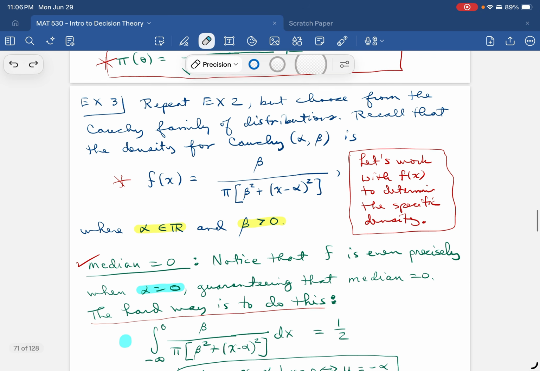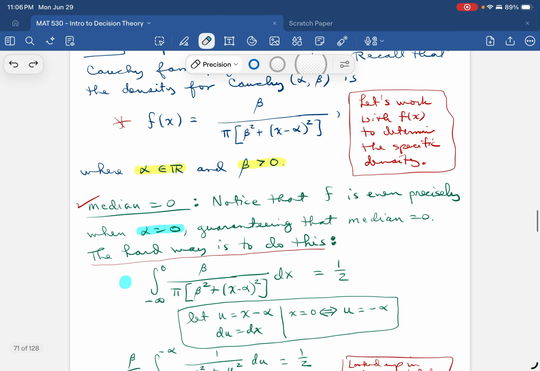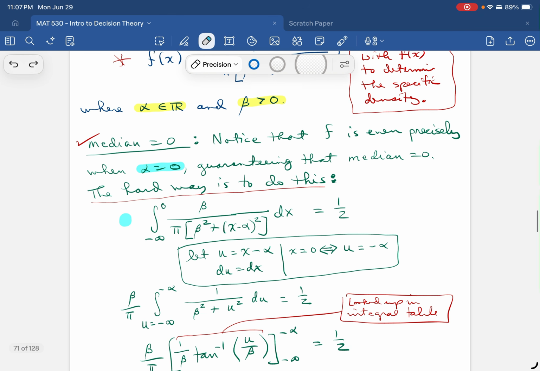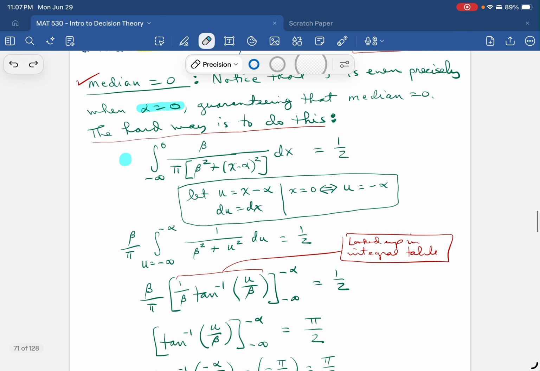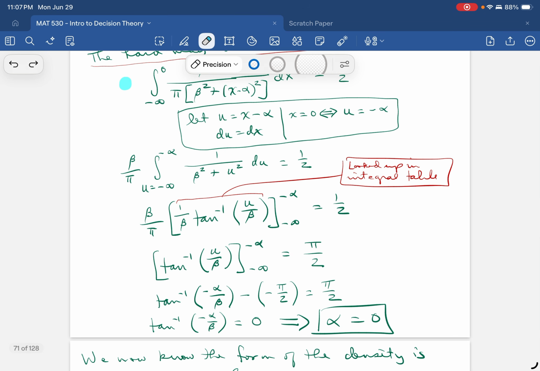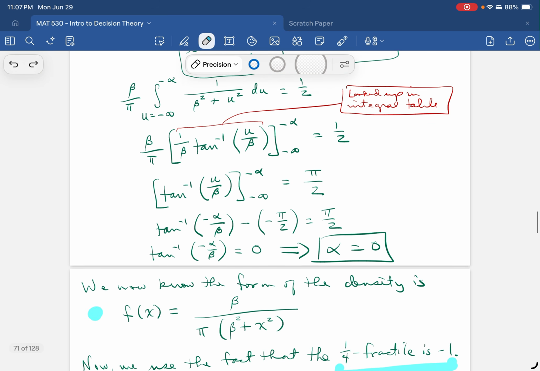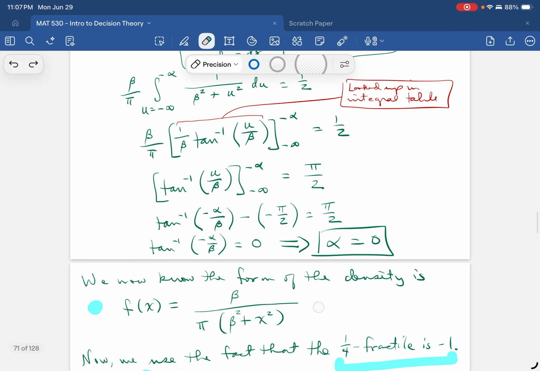But the hard way to do that is to integrate this from -infinity to 0, and then that should be equal to 1/2. Do a substitution and so forth. And I would encourage you to go through that just as a refresher. And so now we need to determine what beta is, and again we'll use that second condition about what the 1/4 fractile is. So at this point we know the density takes this form.